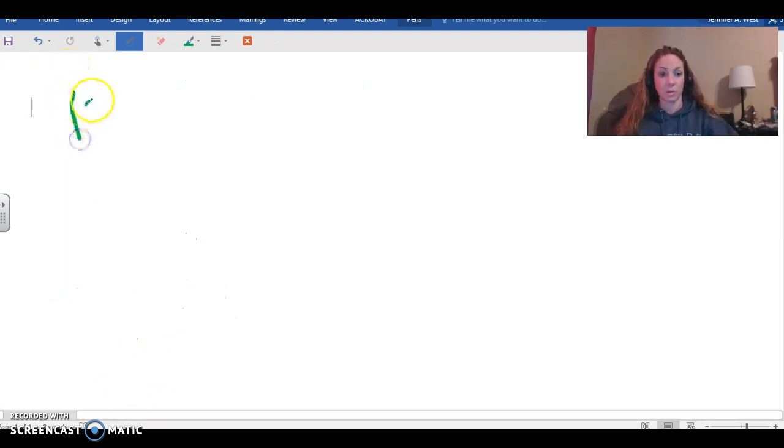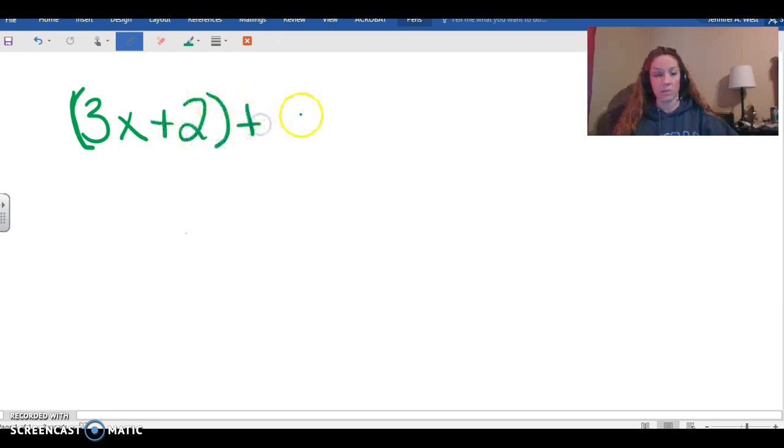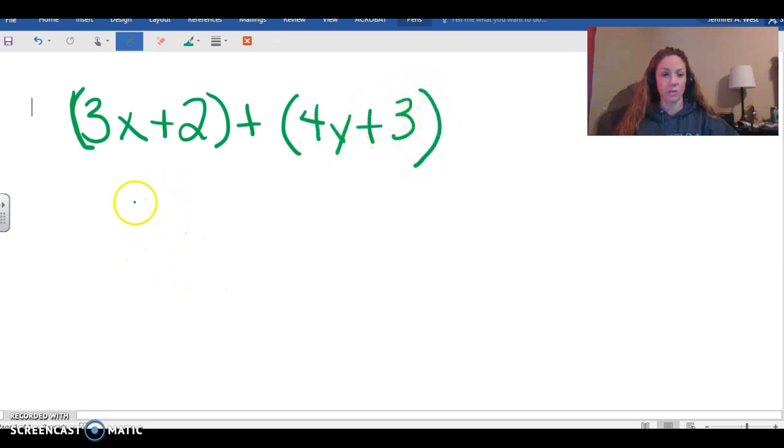All right, another one is (3x + 2) + (4y + 3). Well, let's see here. What all can we put together here? Well, there's an x on this side, but a y on the other. So those aren't like terms.